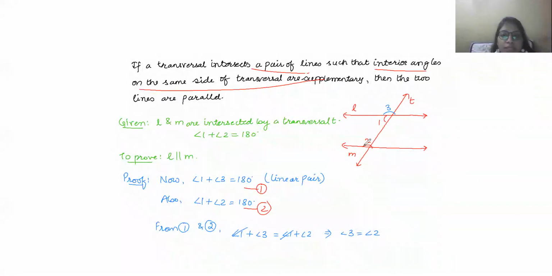Now, observe these angles. This angle 3 and this angle 2 make a pair of corresponding angles. And we know according to the corresponding angles axiom that if you have a pair of corresponding angles equal, then the lines are parallel. So here we are getting that a pair of corresponding angles are equal.